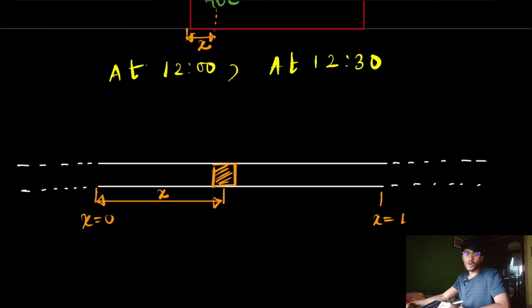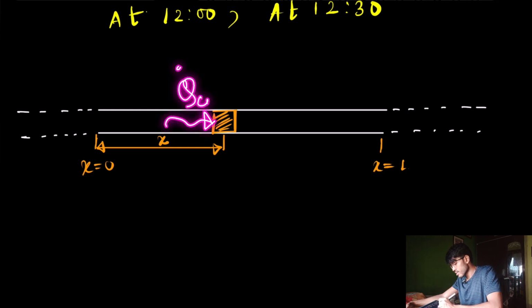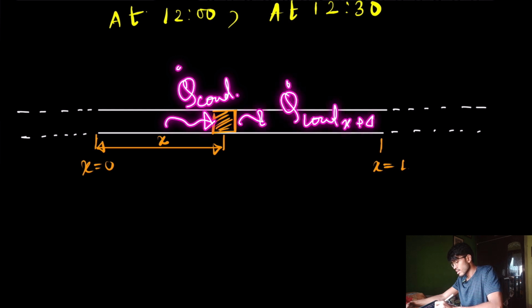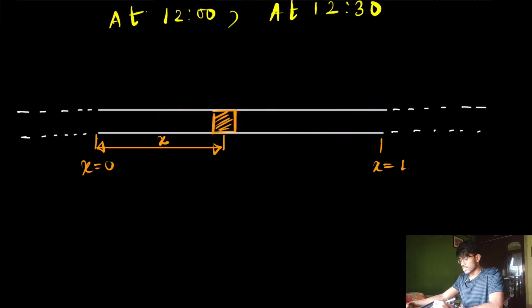Now you have to do just one thing, the energy balance. Tell me what the energy interactions are here. First of all, heat conduction, I will write q cond, and some q cond at x plus delta x is leaving. There is convection heat transfer. We are neglecting radiation heat transfer here.